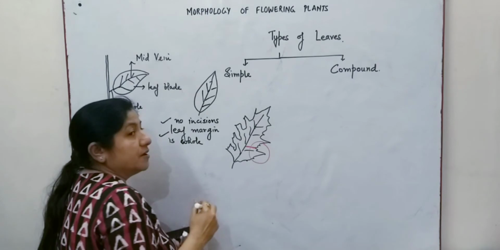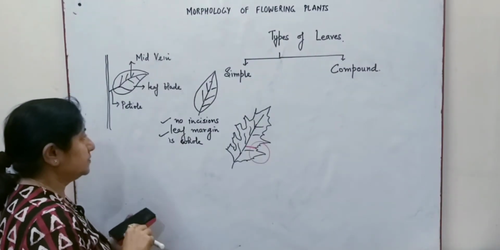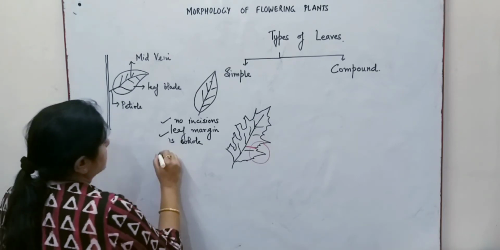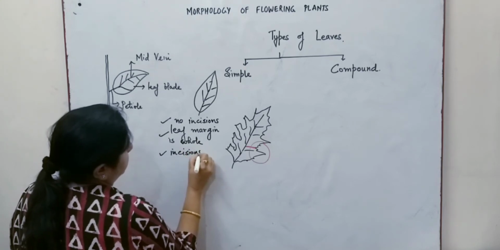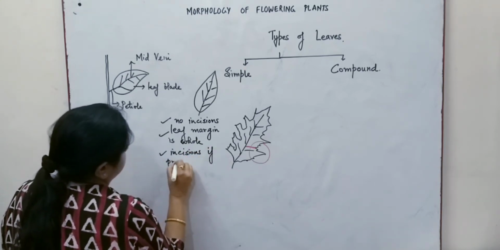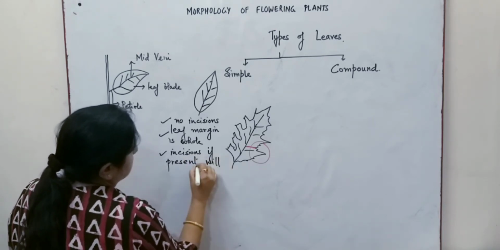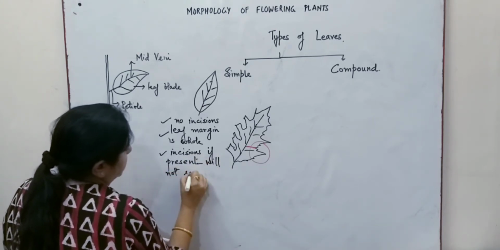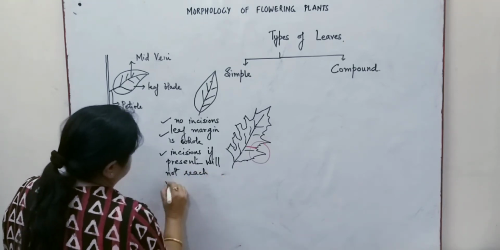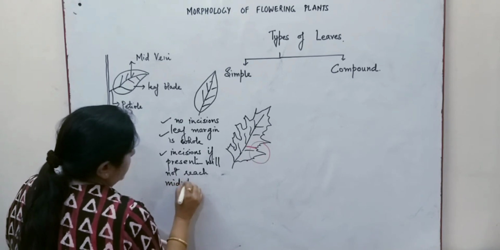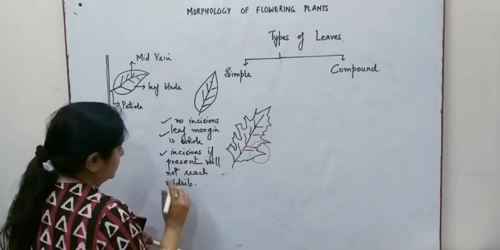Such type of leaves are known as simple leaves. So incisions, if present, will not reach the midrib. These are the simple leaves.